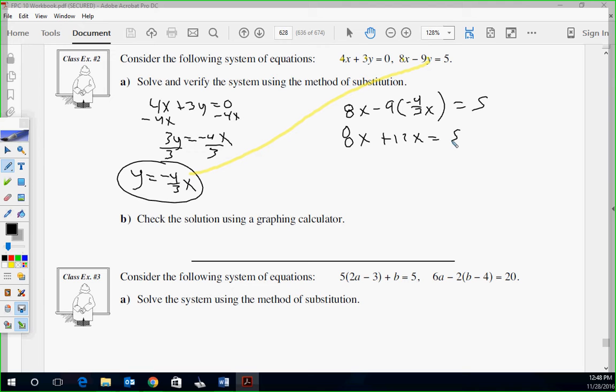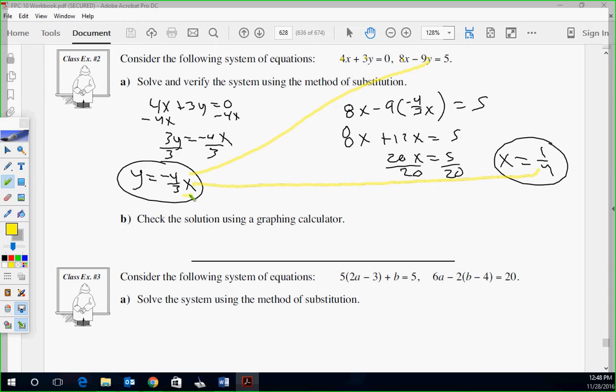8x plus 12x is 20x. Divide by 20, we have a fraction answer. That's okay. X is 1/4. Now we put it in for the x. Remember, use the one you isolated already.